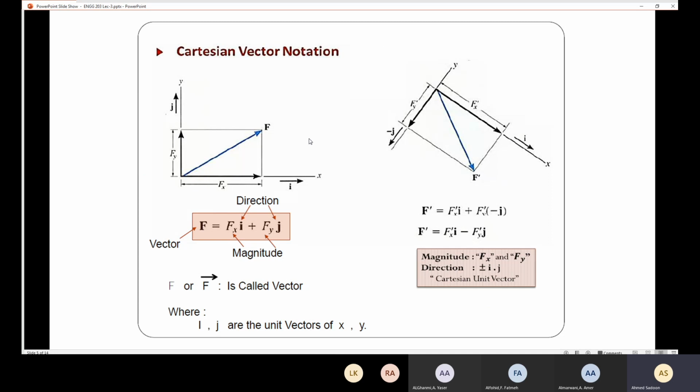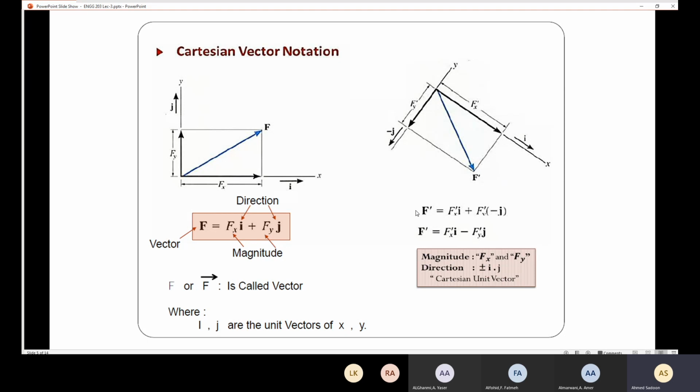And that formula could be applied to any type of plane. The plane could be complicated, like this one. You have x, you have y like that. X here is positive, and y here is positive, which means that y here is negative. If I have a force in that quarter, that means it will be decomposed here and here. In the x-axis, the component is going to be positive. In the y-axis, the component is going to be negative.